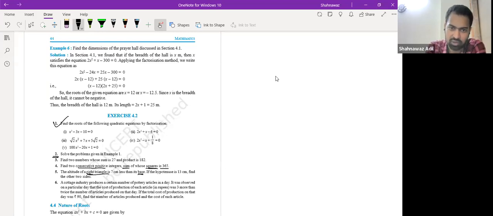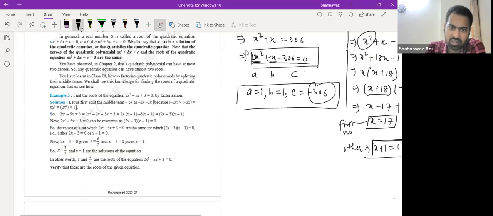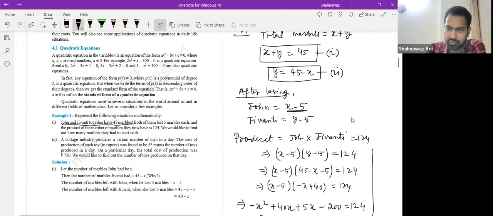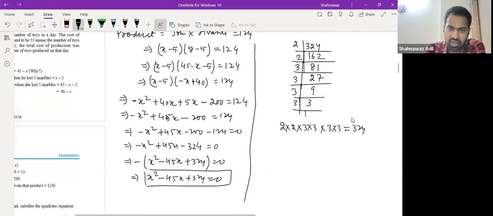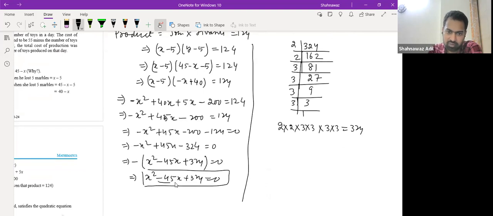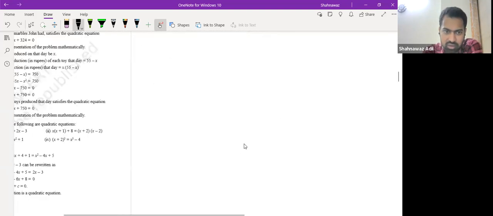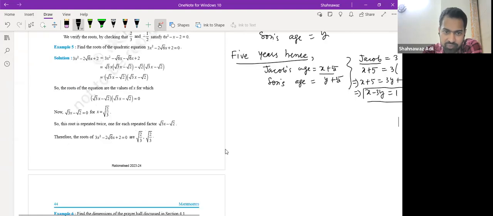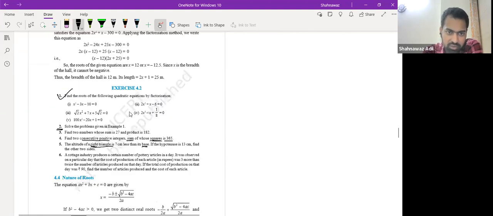So we have to find the solution also. 4.1 was about just representation. 4.2 onwards is about solving or the solution of quadratic equations.